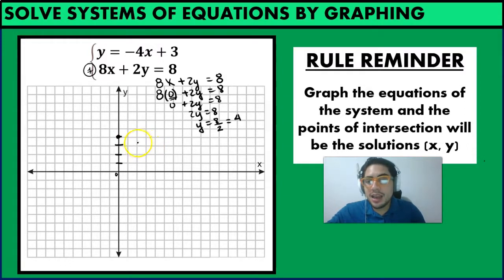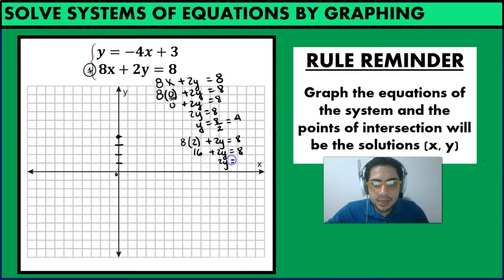Now, we're going to choose another one. So for example, whenever we have a value of x of 2, let's say, so 8 multiplied by 2 plus 2y is equal to 8, right? So whenever we have that, 8 times 2 is 16, plus 2y is equal to 8. So 2y is equal to 8 minus 16, correct?